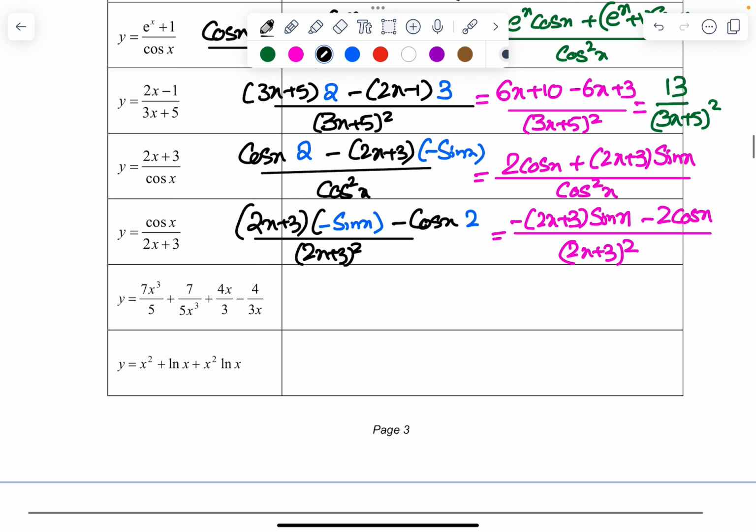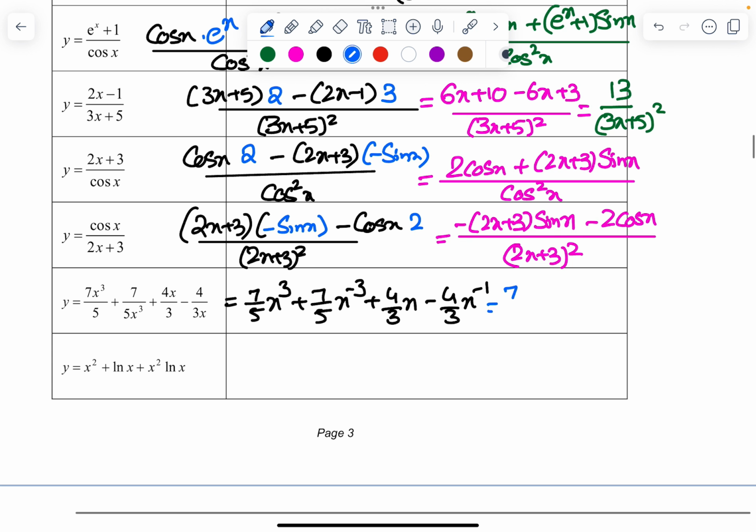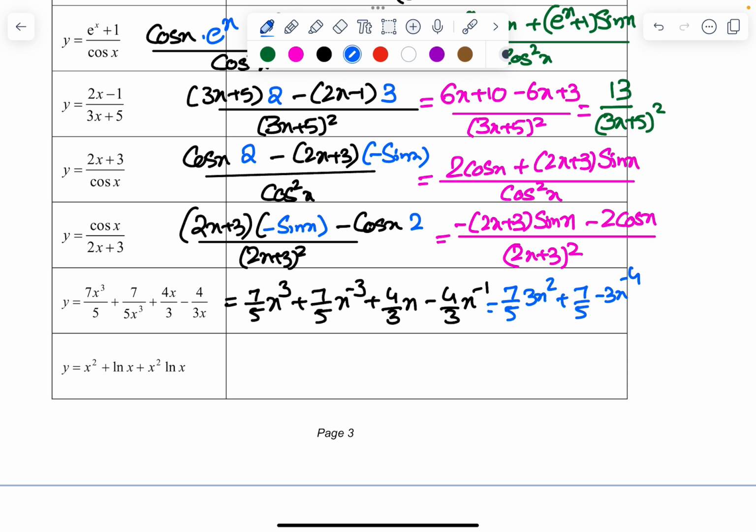Now, first write out everything in the standard form. 7 upon 5 x cube plus 7 upon 5 x power negative 3 plus 4 upon 3 x minus 4 upon 3 x power negative 1. So derivative is going to be 7 upon 5 times 3x square, 7 upon 5 times negative 3x power negative 4 plus 4 upon 3 plus 4 upon 3 x power negative 2.